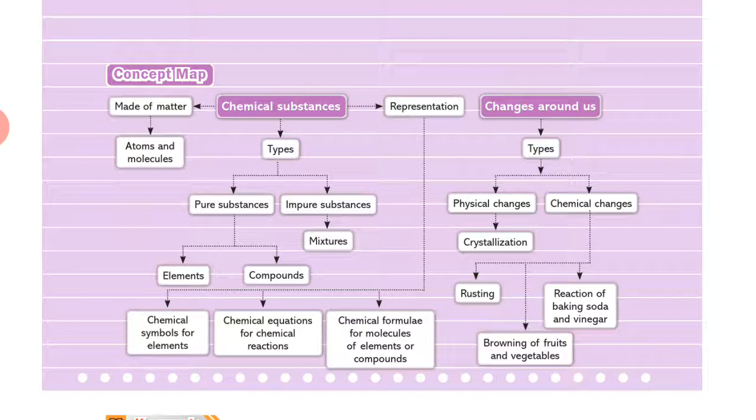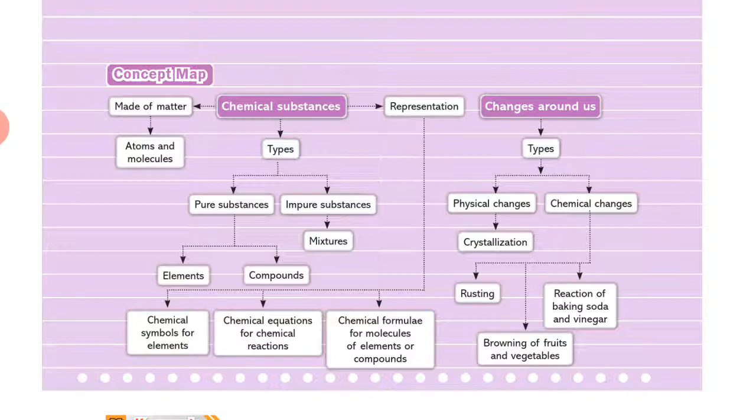Impure substances include mixtures. Then elements and compounds, and chemical symbols for elements. The representations are chemical symbol, chemical equation, and chemical formulas. Then changes around us: physical changes as well as some chemical changes.